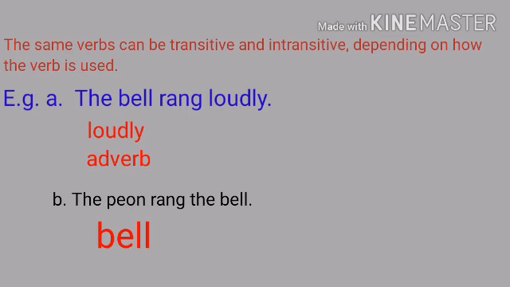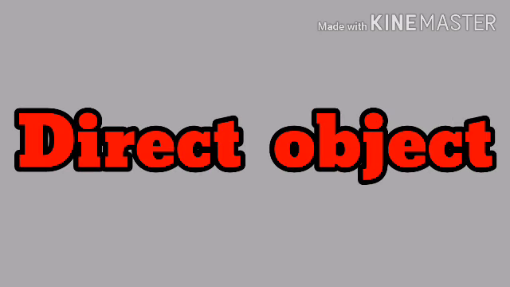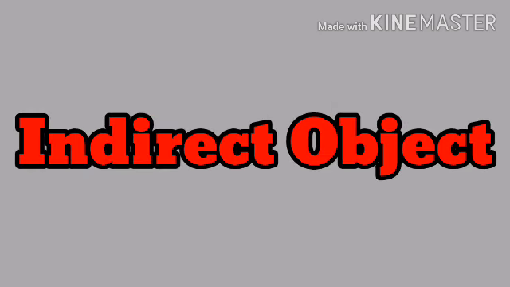Today we have learned about direct and indirect objects. Direct object is a noun or pronoun that receives the action of the verb. It is identified by asking the question who or what in relation to the verb. The indirect object is a noun or pronoun that tells us to whom or for whom the action of the verb is performed.